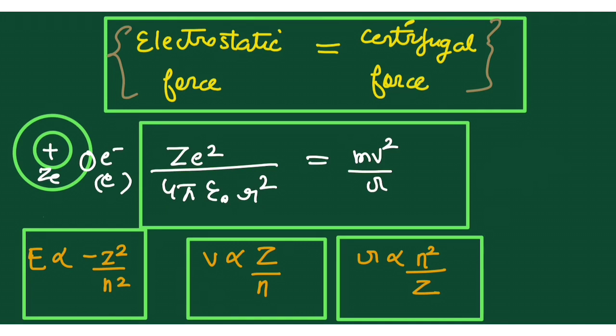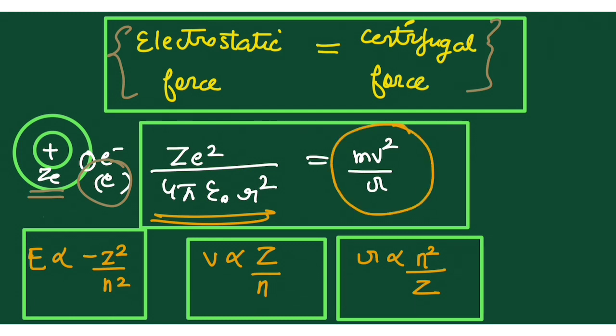For the nucleus with charge Ze and an electron revolving around the nucleus, the Coulombic force, that is electrostatic force given by Coulomb's law, is Ze square divided by 4 pi epsilon naught r square, which is equal to mv square by r. You can calculate all the formulas from there.